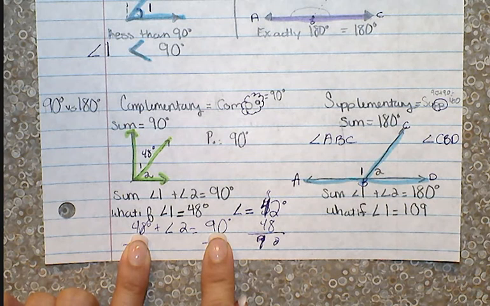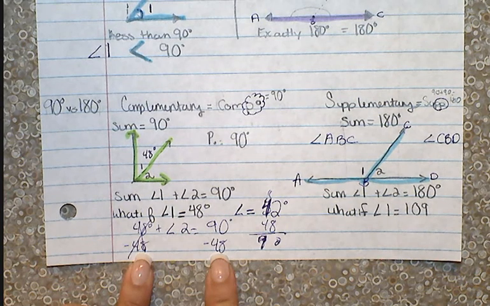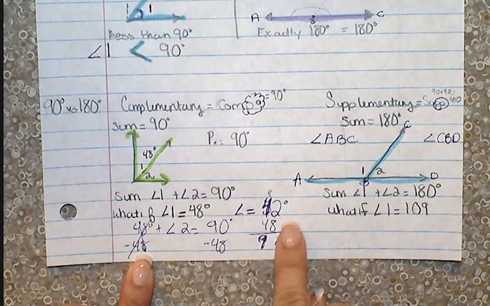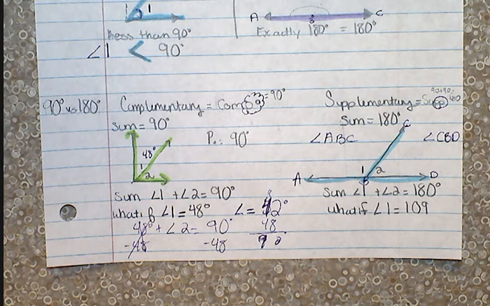Because they're complementary. So in order to figure out what angle 2 is, I subtract, right? Yes. Okay? 90 minus 48, and you get 42. So then I get 42, right? And 42 plus 48 is equal to what? 90. And that's the best way for you to check your answer, because is it super easy to mess up your math? Yes. Okay?